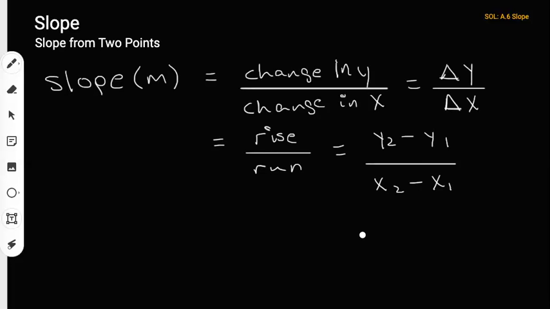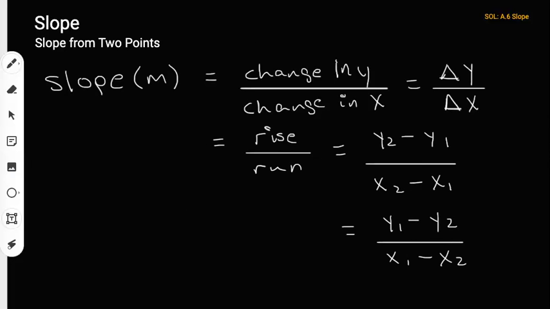And typically, we put the second coordinate first, but you could also write it where the first coordinate is first. So on top, you could have y1 minus y2. And then on the bottom, you can have x1 minus x2. Just make sure to keep the order consistent on the top and the bottom. So that's going to be the formula we're going to be using to find the slope between 2 points.